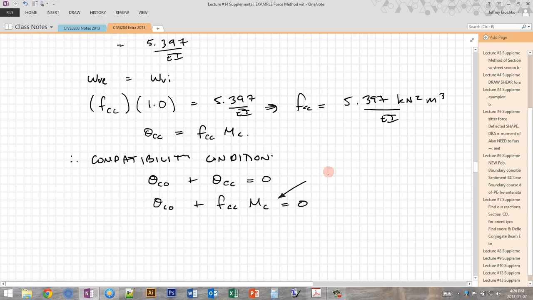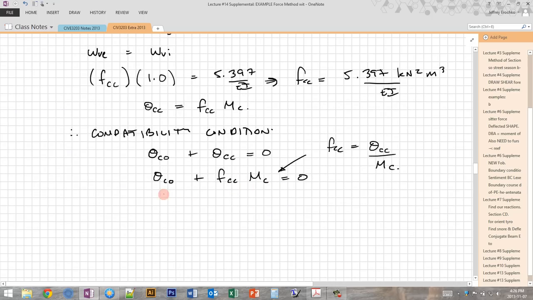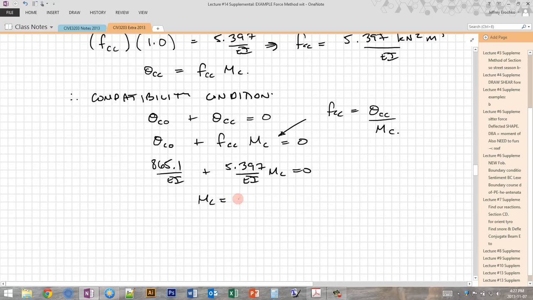Recall, right, that our flexibility is equal to the deformation, or the rotation in this case, which is FCC divided by our moment. So this is how much deformation do you get for each unit of moment. And if we sub in all these values, we get that MC is equal to 160.3 kilonewton meters.